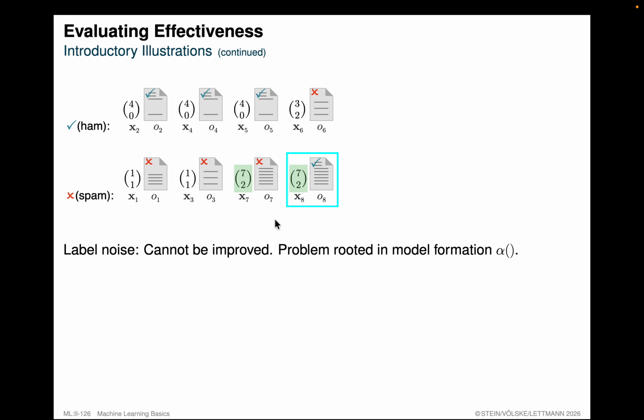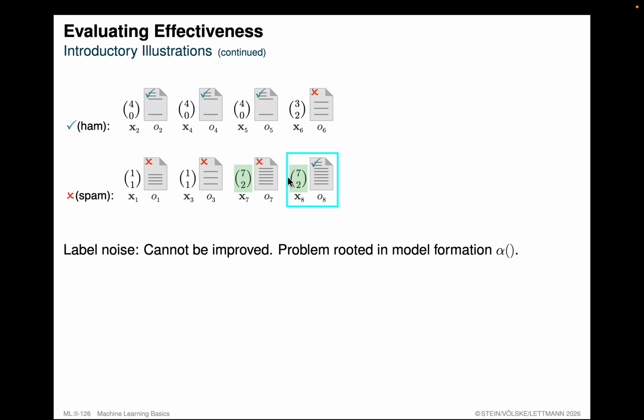This is label noise. The expert has called this email spam and this email ham. Here, by choosing a different model function, namely a different parameterization of my model function, we can't change anything because the feature vectors are still the same.